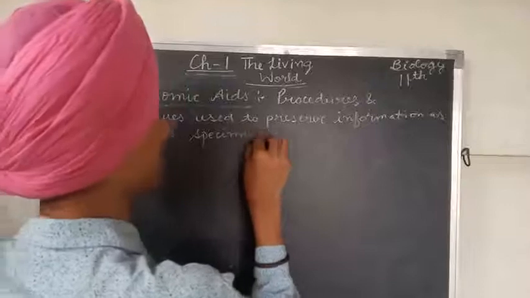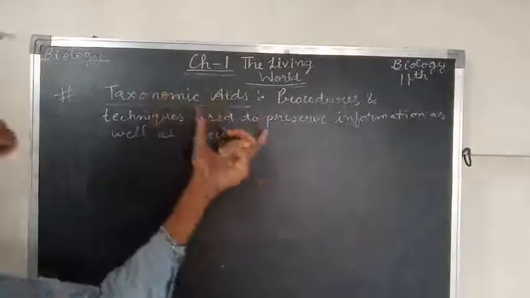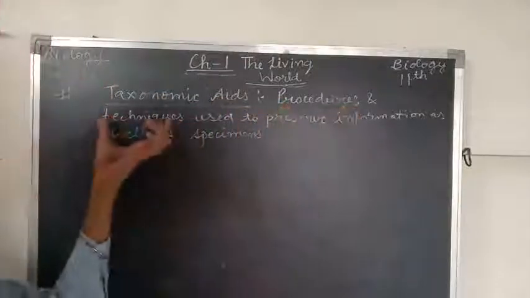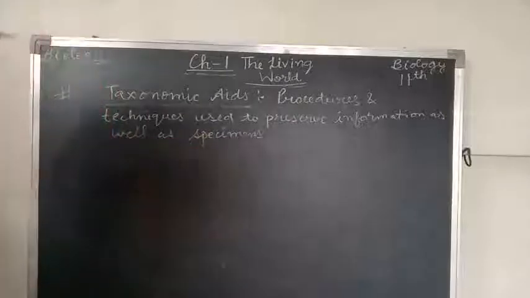Specimen means plants or animals. So taxonomic aids are procedures and techniques used to preserve information as well as specimens.